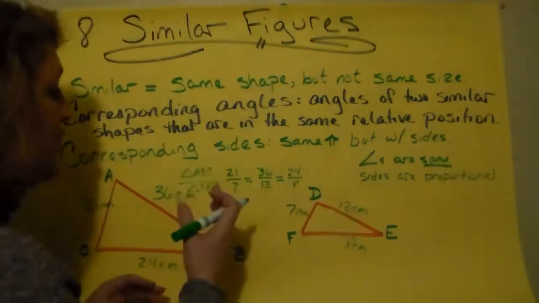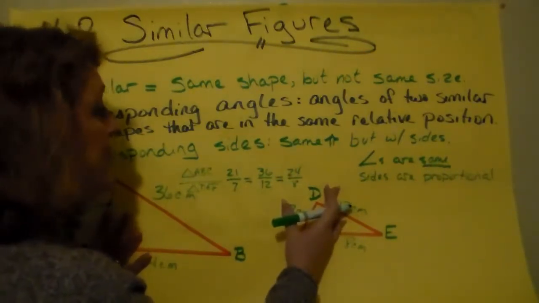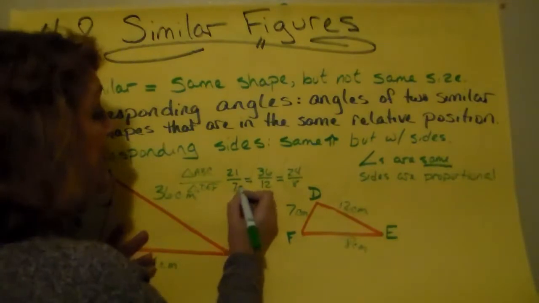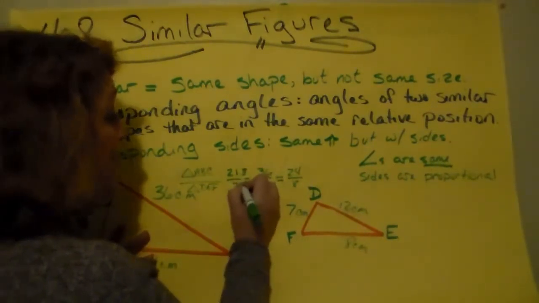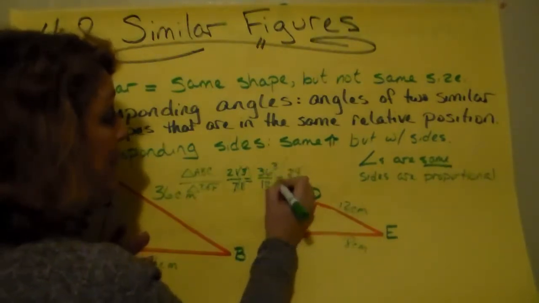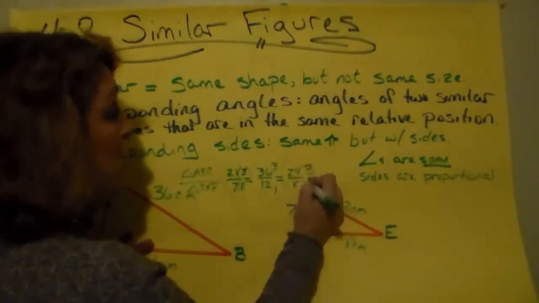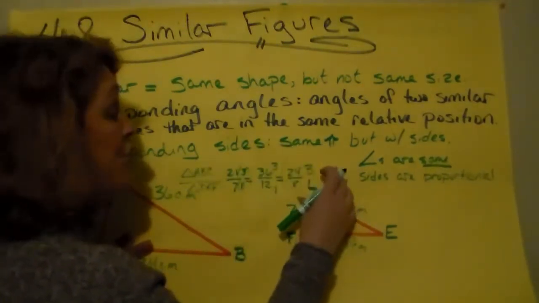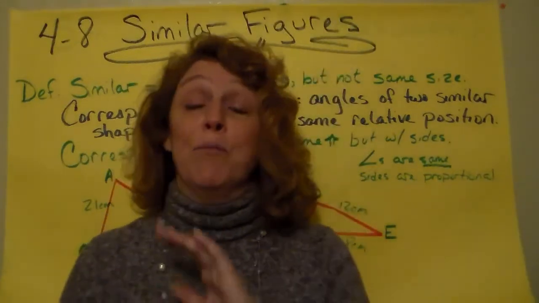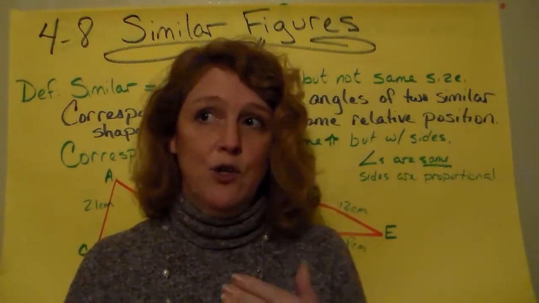Now, these we can reduce. I know that I can divide each side by 7. Divide this by 7, divide that by 7, I get 3 over 1. Divide this by 12, divide this by 12, I get 3 over 1. Divide this by 8, divide this by 8, I get 3 over 1. So they all reduce to the same fraction. That means they are proportionally equal. That means they are similar triangles.